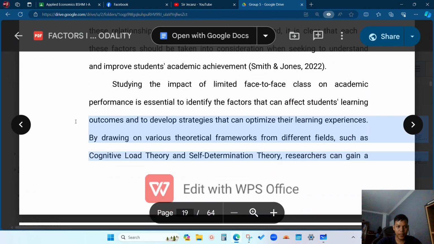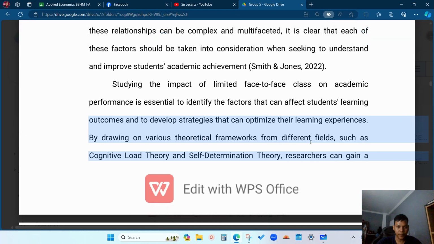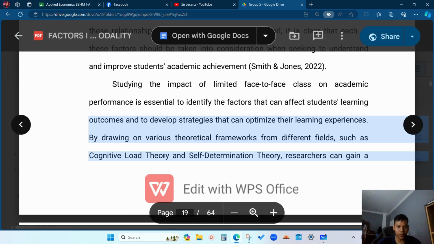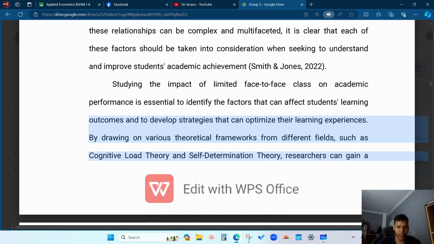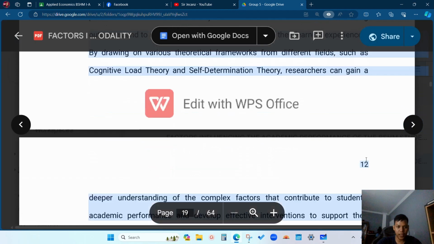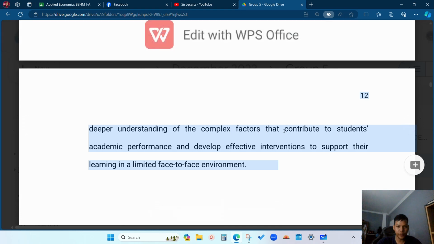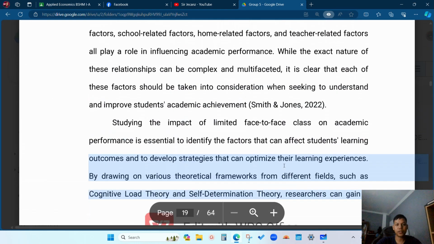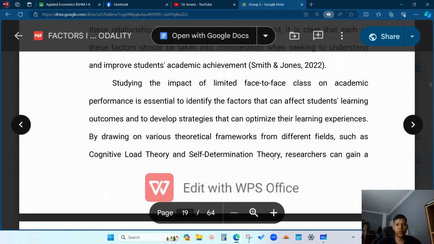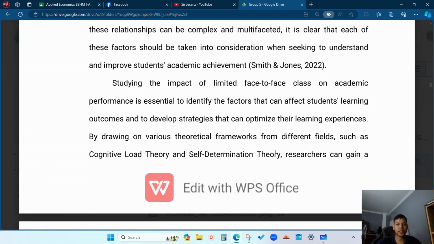By drawing on various theoretical frameworks from different fields such as cognitive load theory and self-determination theory, researchers can gain a deeper understanding of the complex factors that contribute to students' academic performance and develop effective interventions to support their learning in a limited face-to-face environment. So this is one example of the concluding statement.